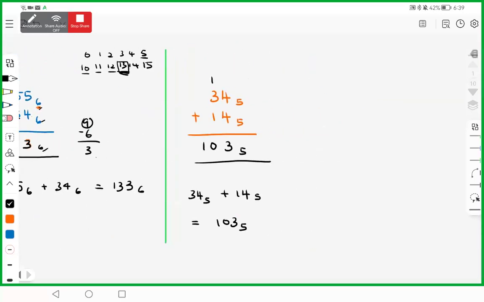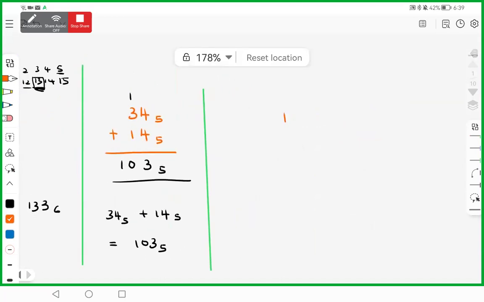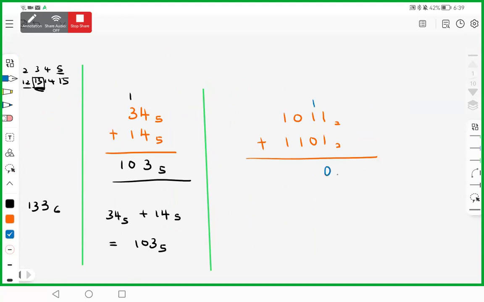Okay, next, harder. Let's go for base 2, because you only have 0 and 1. Okay, 1011 in base 2 plus 1101 in base 2. What about this? 1 plus 1 is 10.